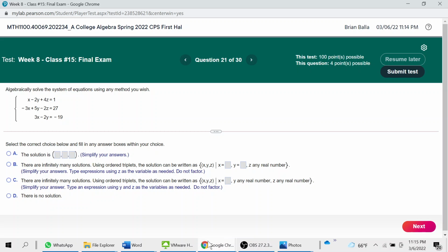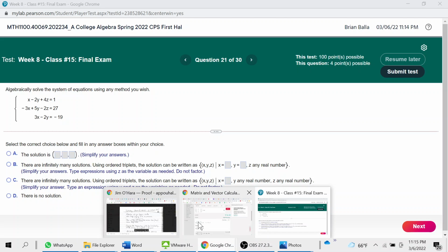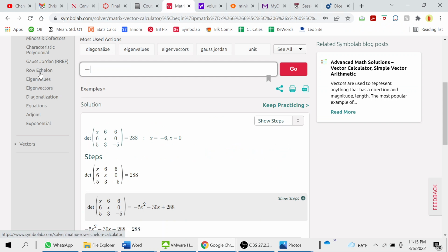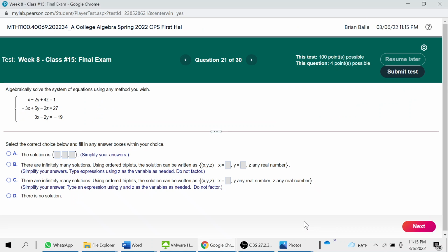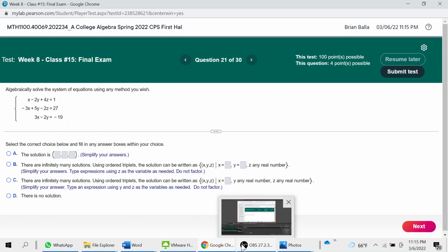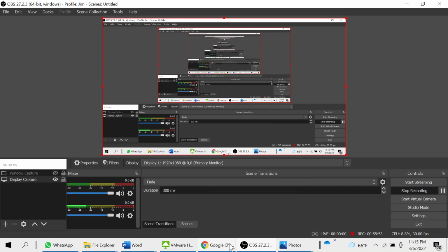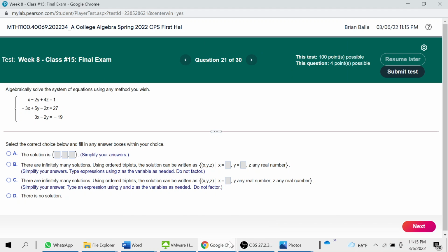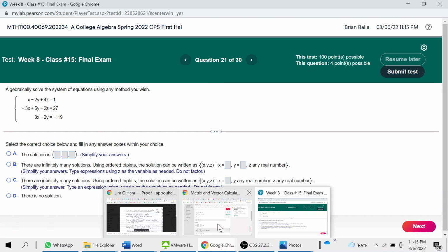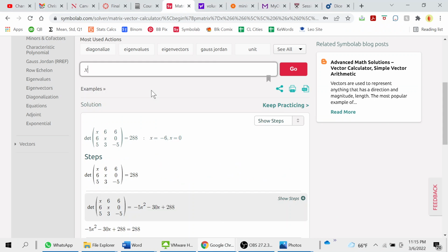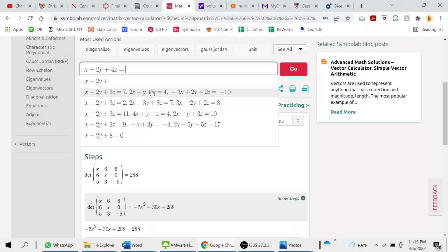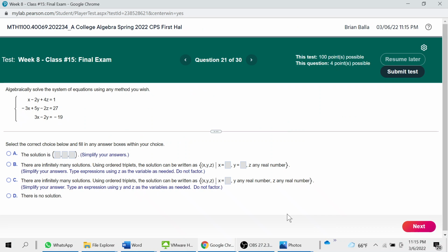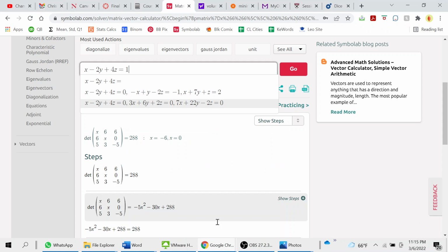Okay, this is simple. This will take a long time by hand, but thank God for online mathematical software. Okay, so x minus 2y plus 4z. Oh, whoops, hold on. X minus 2y plus 4z equals 1.